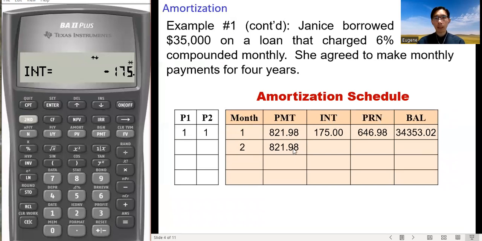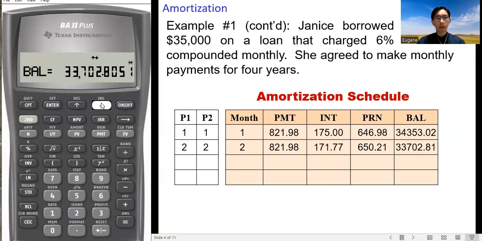The same payment amount, and key in P1 and P2 both equal 2. Then we can get the balance, the principal and the interest component accordingly.